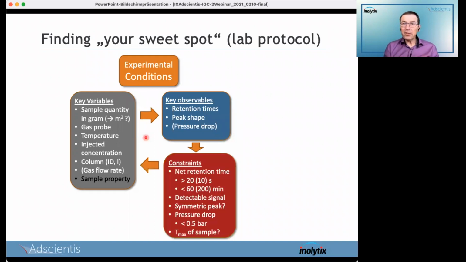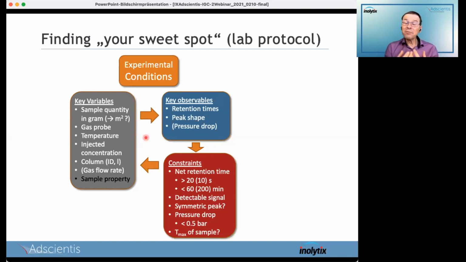There are certain constraints in really practical measurements. Yes, the net retention time of your gas probe should be observable. So we say, okay, at least maybe 10 seconds longer than your methane peak, or better 20 seconds. But there's also a maximum.